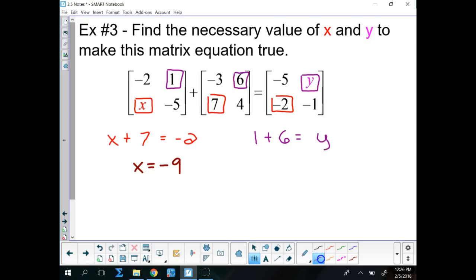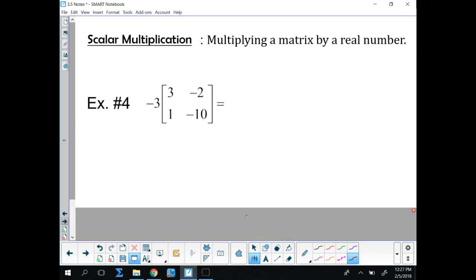So therefore y is 7. So when x is negative 9 and y is 7, that is a true statement.